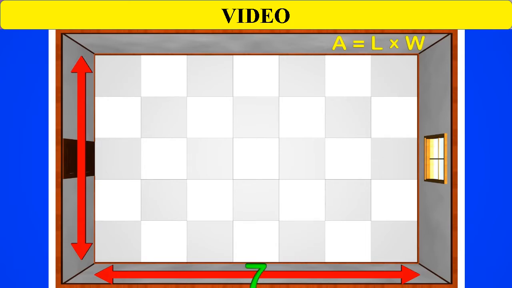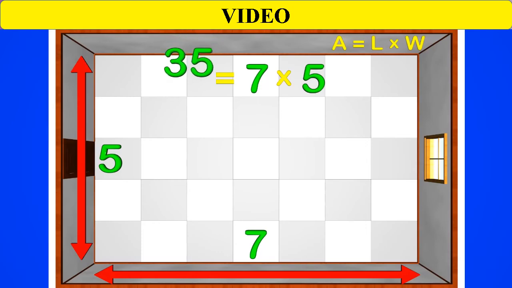Counting the square units across, we get 7. What is the width? Counting down, we get 5. We have what we need to find the area. Area equals length, which is 7 square units, multiplied by the width, which is 5 square units. What is 7 times 5? The answer is 35.